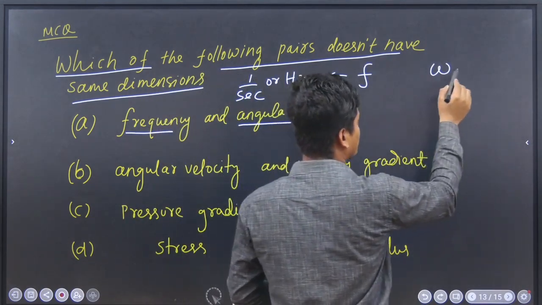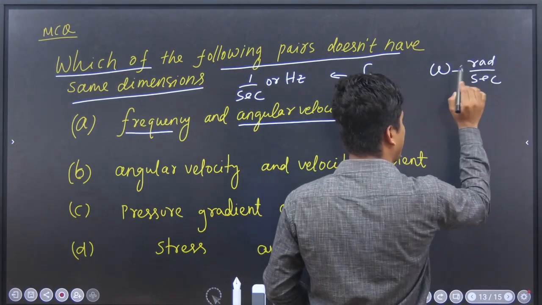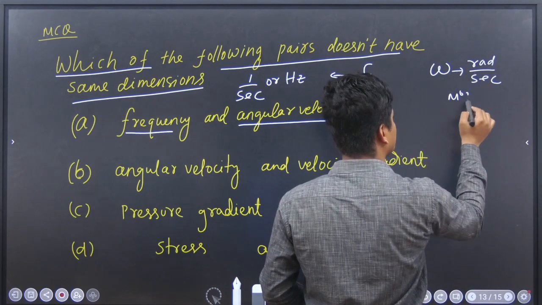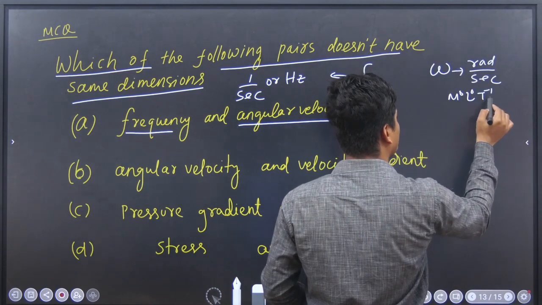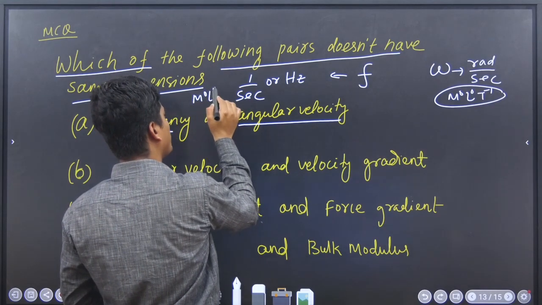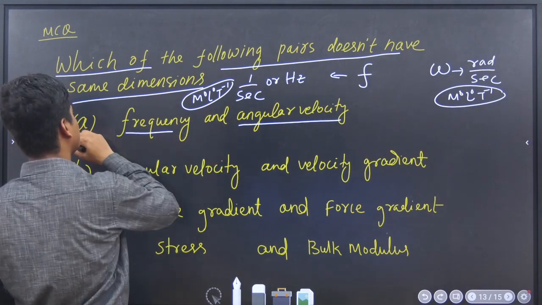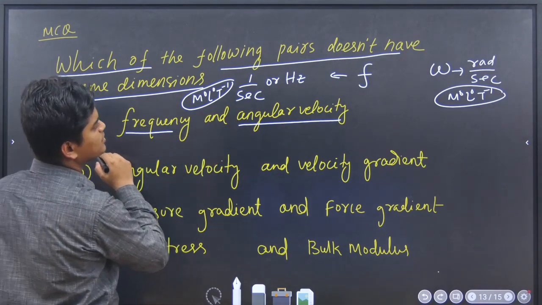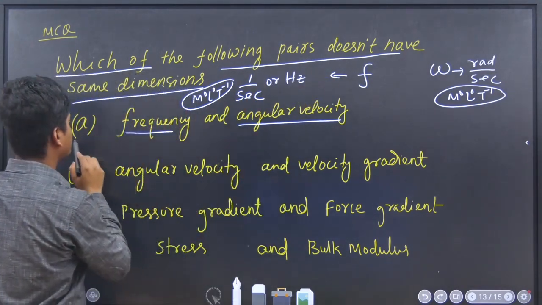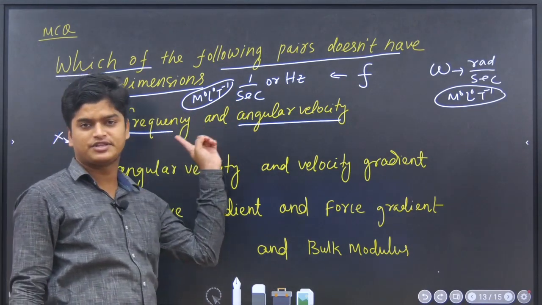Angular velocity is radian by second actually, but if you write its dimension, radian has no dimension, so only T to the power minus 1 comes, M0 L0 T to the power minus 1. Frequency also comes M0 L0 T to the power minus 1. Then definitely frequency and angular velocity have the same dimensions. They are asking which does not have the same dimension, so this answer cannot be correct.